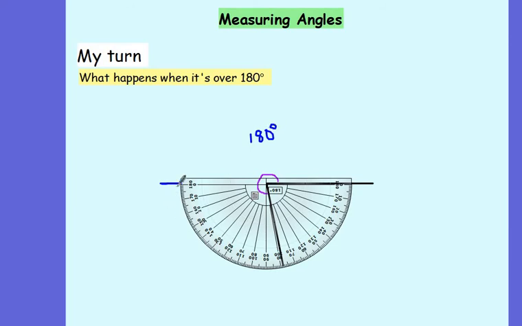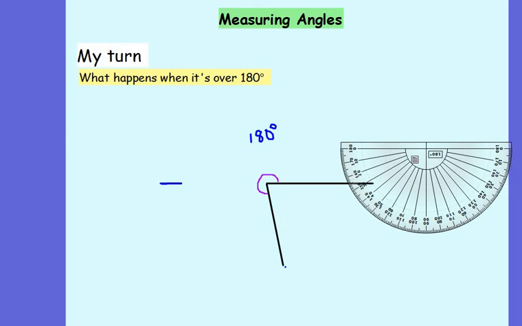And we need to add on 10, 20, 30, 40, 50, 60, 70, 80, 90, 100 and 1, 2 degrees to get all the way to the end. So this part here is 102 degrees.